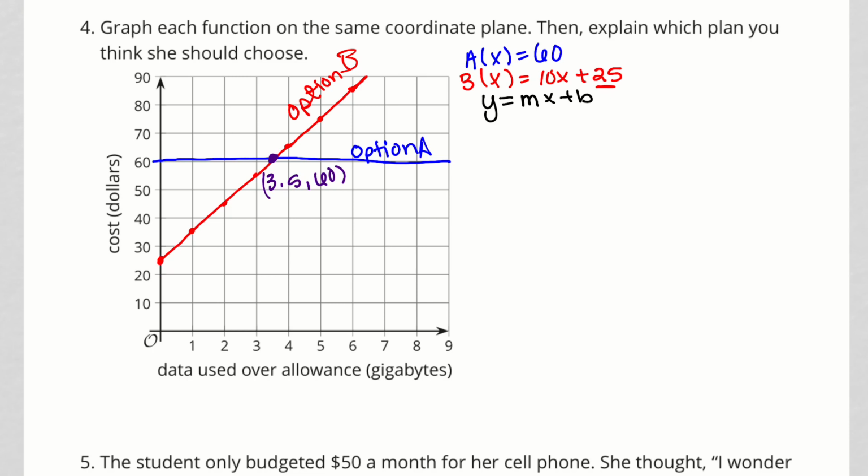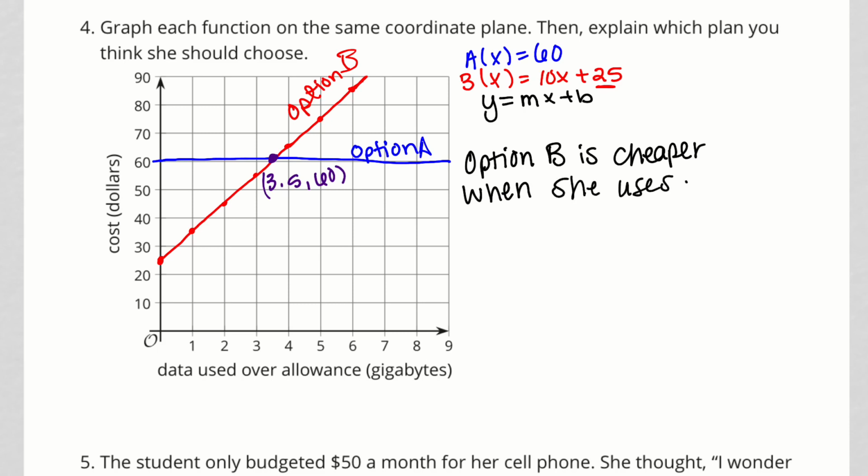So let's see here. Option B is cheaper when she uses less than 3.5 gigabytes over the data allowance.